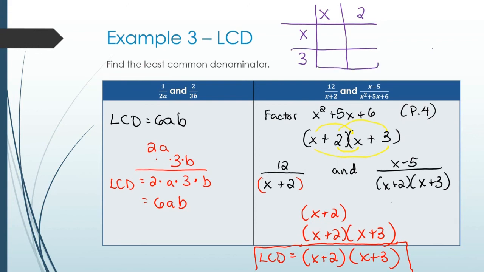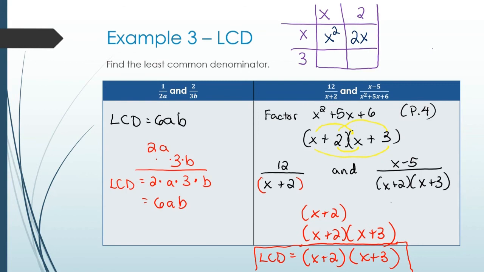So when we form a multiplication table here, I'm multiplying the first row by the first column. So x times x gives you an x squared. Then when you do x times 2, you're multiplying a variable by a number, and those just get attached together. So that gives me 2x.